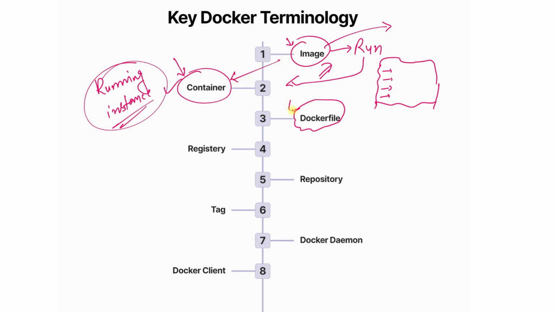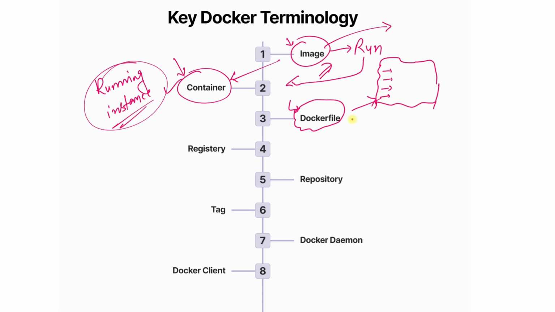Those instructions we need to define in our Dockerfile. So a Dockerfile is a text file that contains instructions for building a Docker image. It defines the base image, application code, dependencies, and the configuration settings.